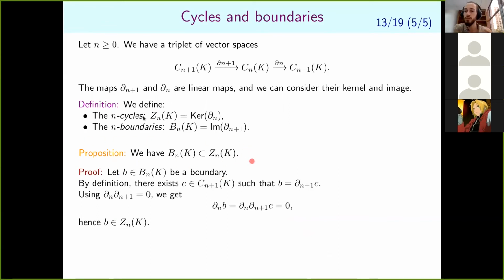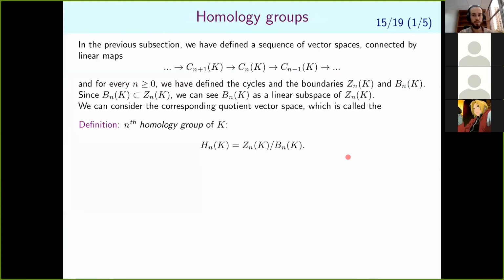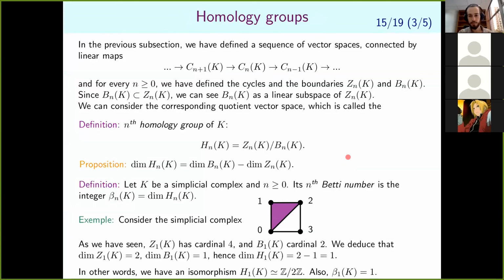The fact that each boundary is a cycle is a consequence of the fact that composing twice the boundary operators gives you the 0 map. Yeah, Thiago, right. This is a mistake here. This should be Z, and this should be B.